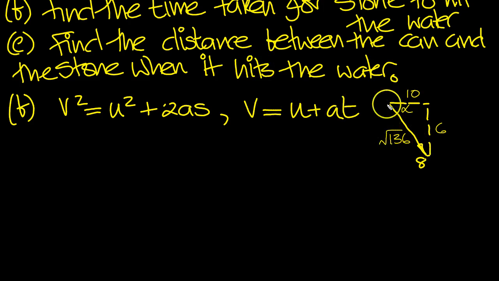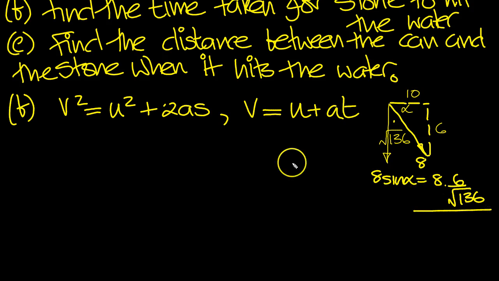So the initial velocity downwards is 8 sine alpha, and sine alpha is 6 over root 136. So there's our initial downward speed.